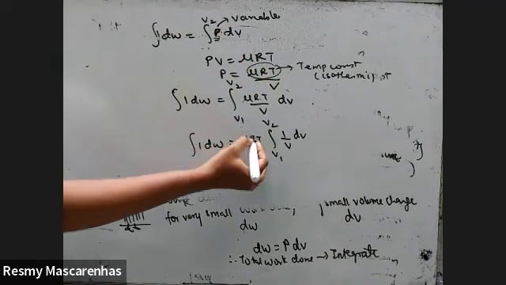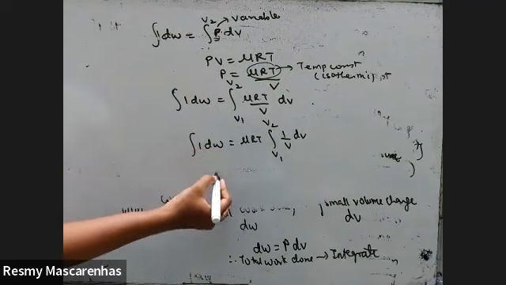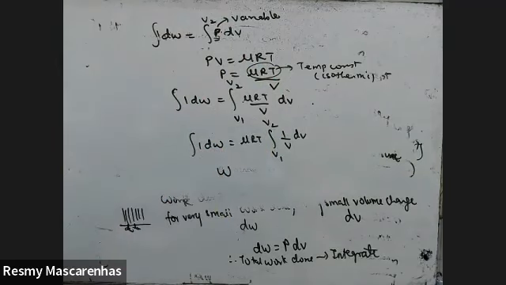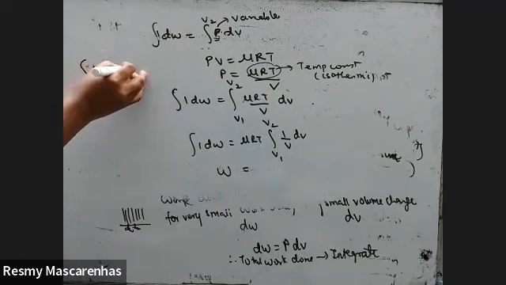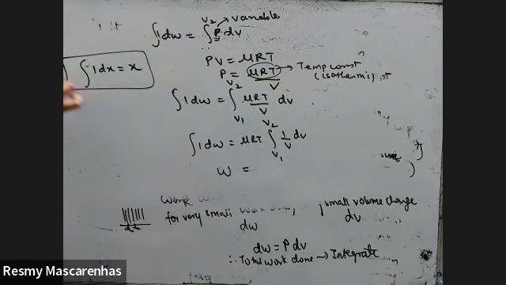Now this is out. Integral of 1 with respect to dW is W, the work. These are your normal integration formulas. Integral of 1 dx is always x.